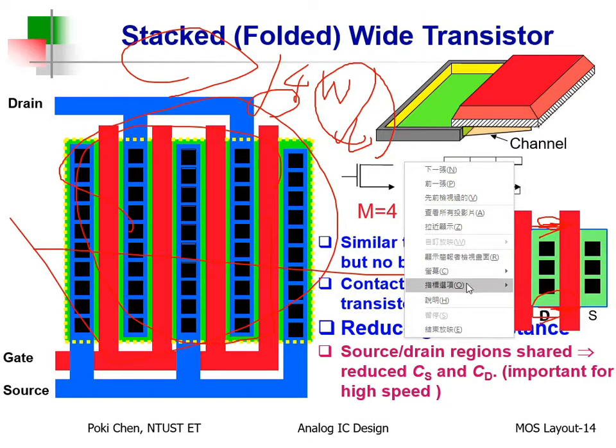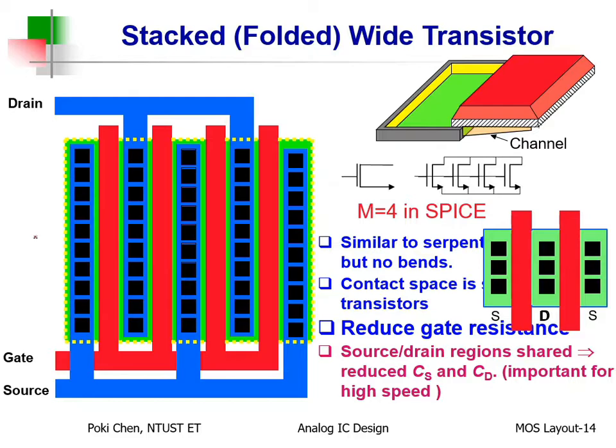What can you save? You stack both areas. So this and that will be overlapped with each other. So the parasitic for this and that will become 0, right?